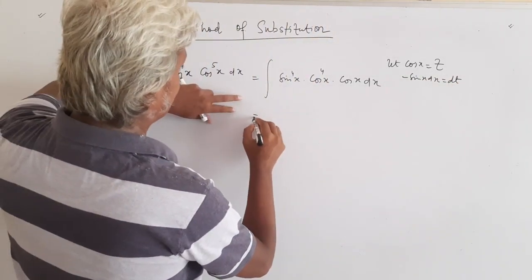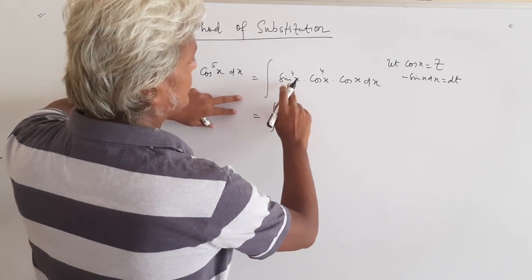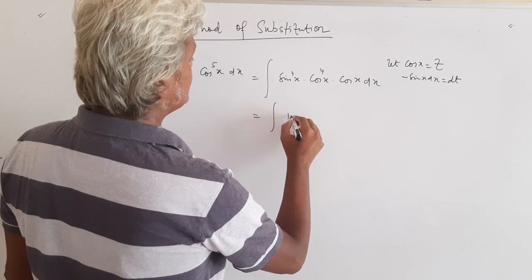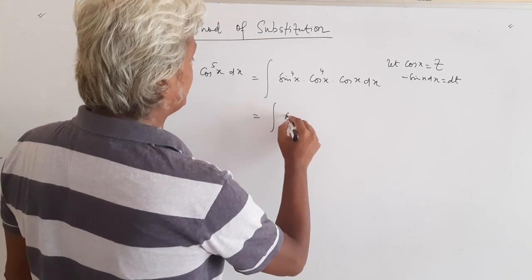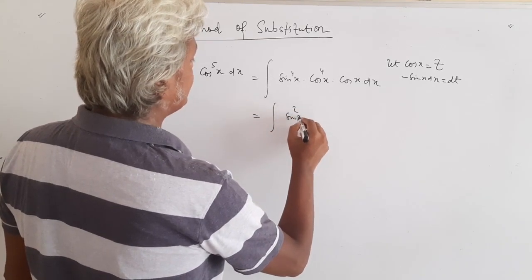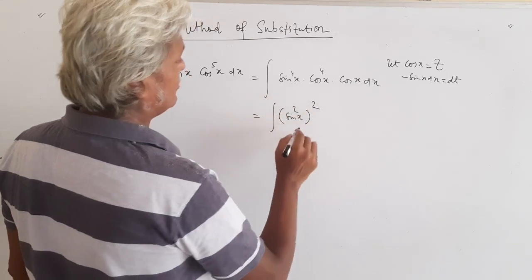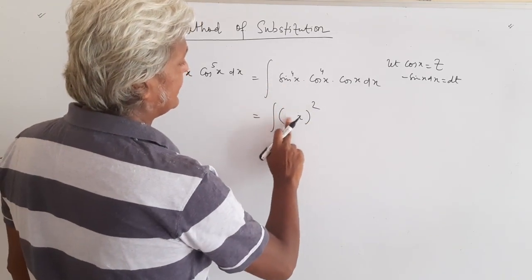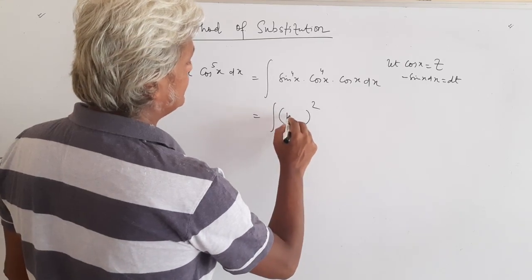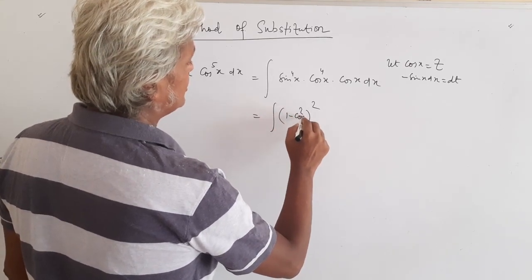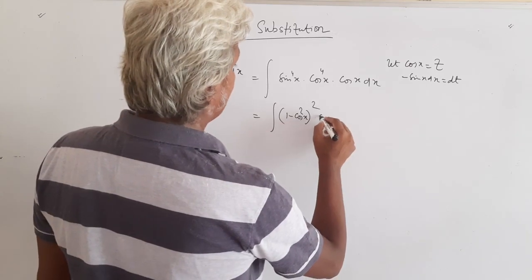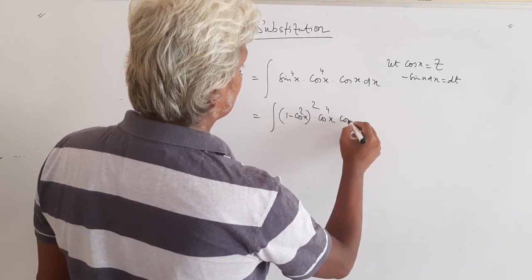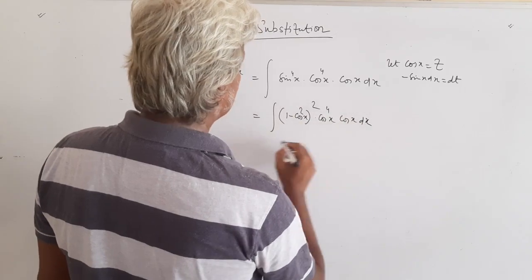So this term will become sin to the power 4, which I write as sin square whole square, and the sin square x I can write as 1 minus cos square x, whole square, and then cos to the power 4x and then cos x dx.